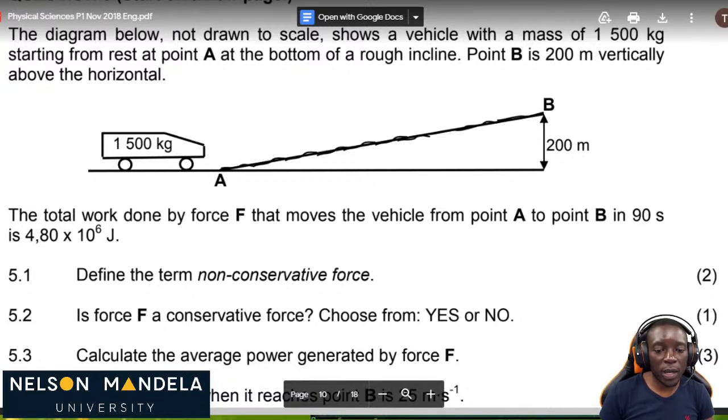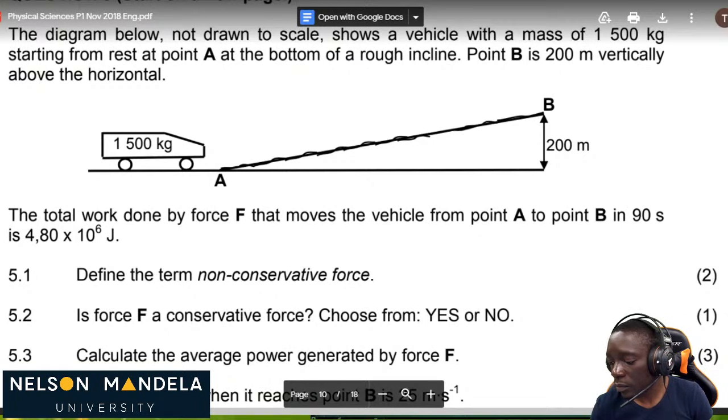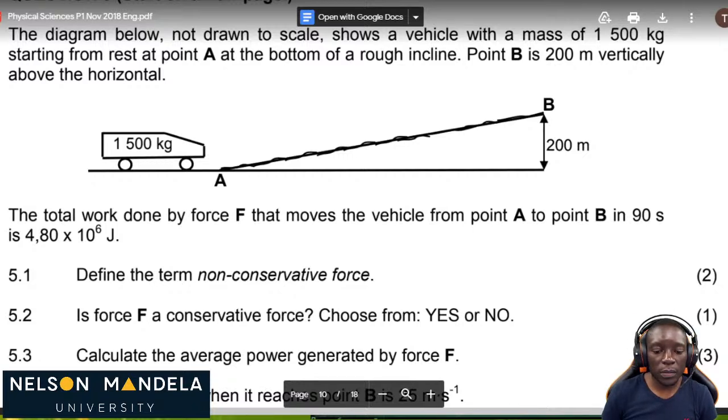Calculate the average power generated by force F. So we are given the total work done, 4.80 times 10 to the 6, and the time it takes to do that work.